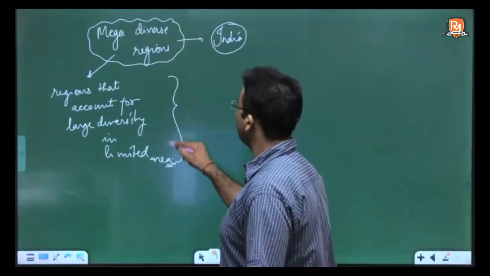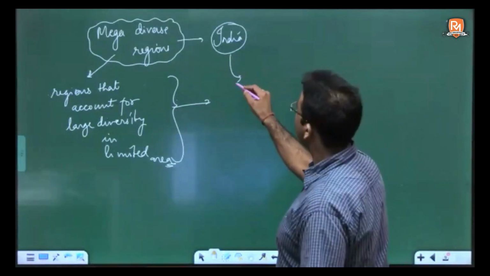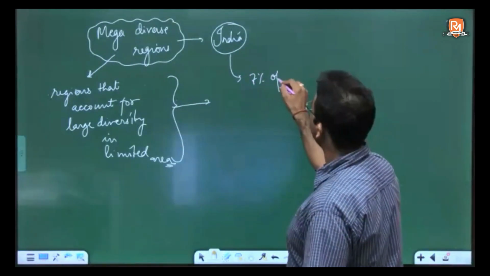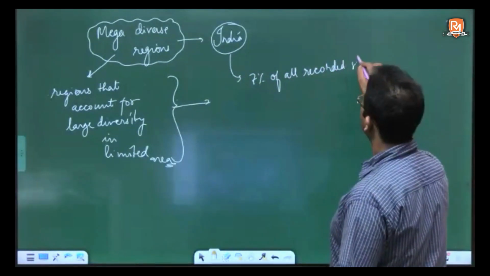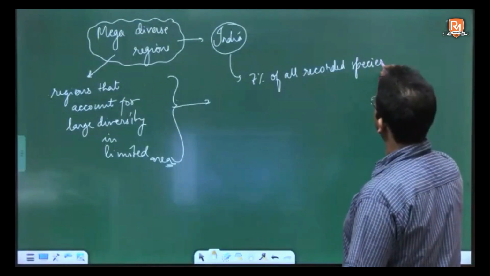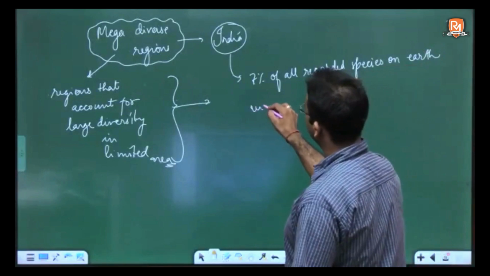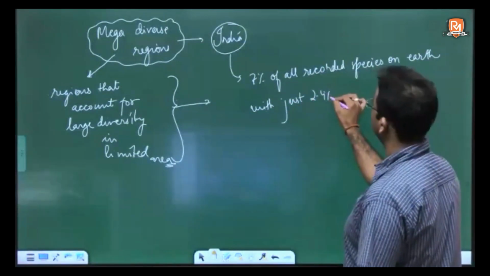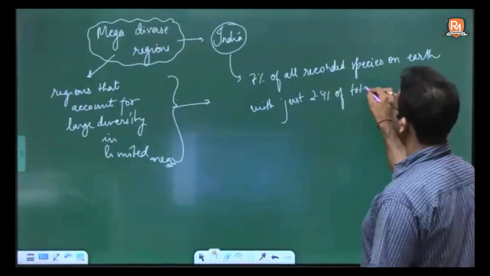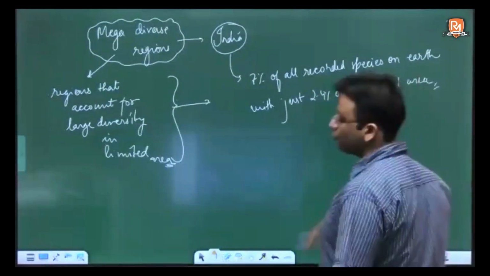India has been declared as one of the mega diverse regions because India has 7% of all recorded species on Earth with just 2.4% of the total land area.